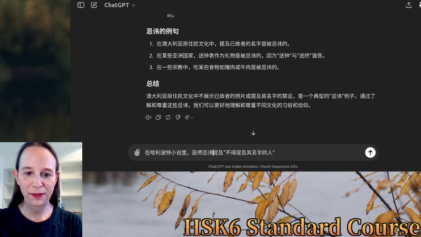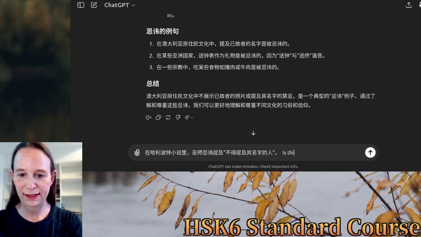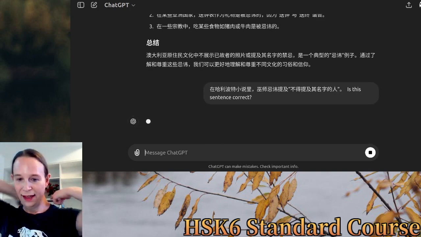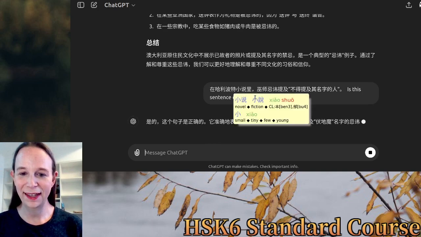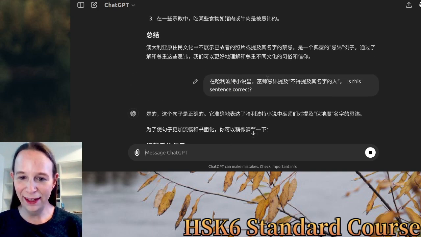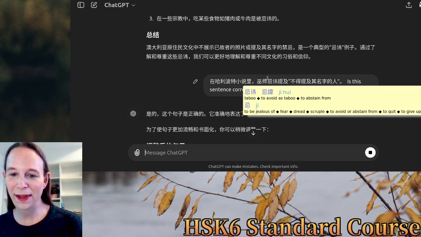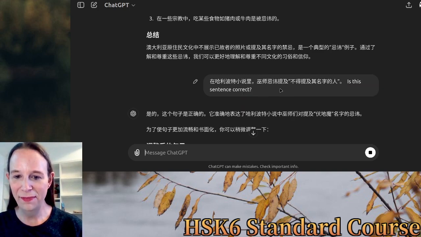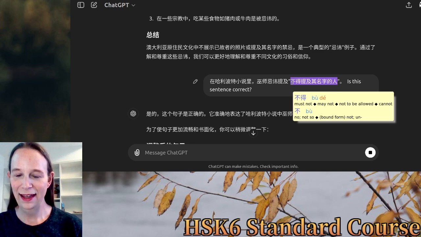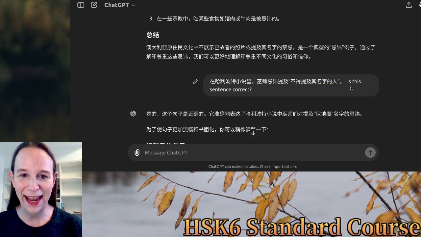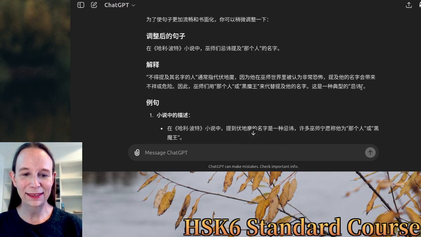I want to use it as a verb. Is this sentence correct? So in the Harry Potter novels, wizards 忌讳, we don't have this word in English, to avoid, to abstain from mentioning, oh no, I should say he who should not be named. 不是忌讳提起那个人的名字. Oh, okay, that works. 那个人.